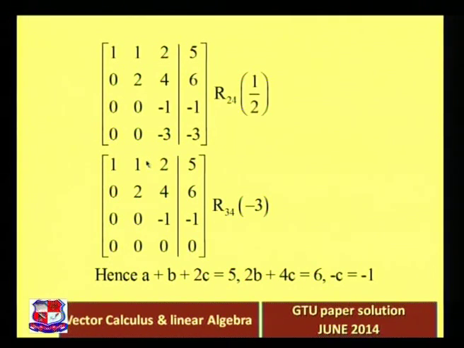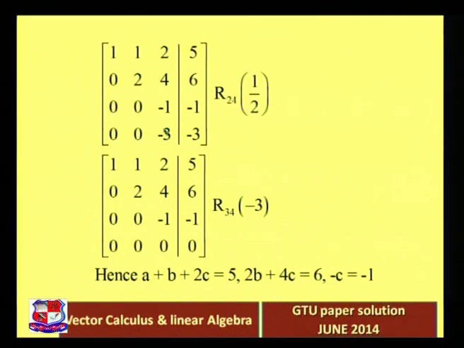Now the next process. You can see this is our leading entry. Below that leading entry we have all 0. In the second row this is our leading entry, and below it we have 0. In the third row this is our leading entry, minus 1.